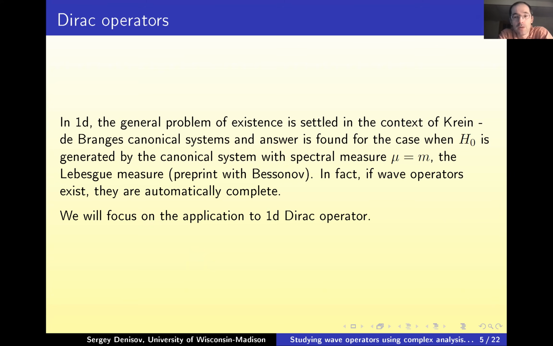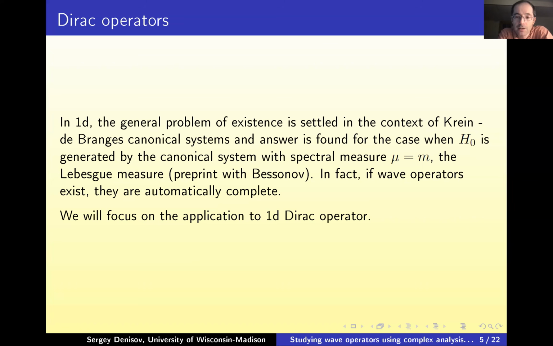And one can say that maybe the canonical choice for that would be this canonical operator, which comes from the spectral measure, which is just the Lebesgue measure on the whole real line. And so if you decide to do that, yes, you can introduce the corresponding framework, and you can introduce wave operators and try to study them.